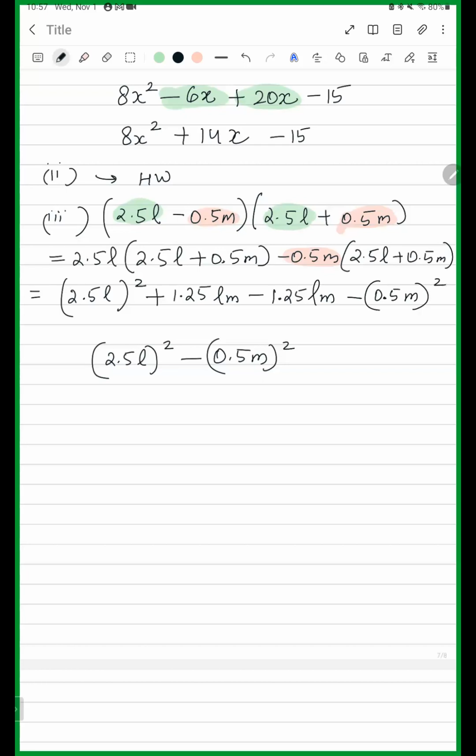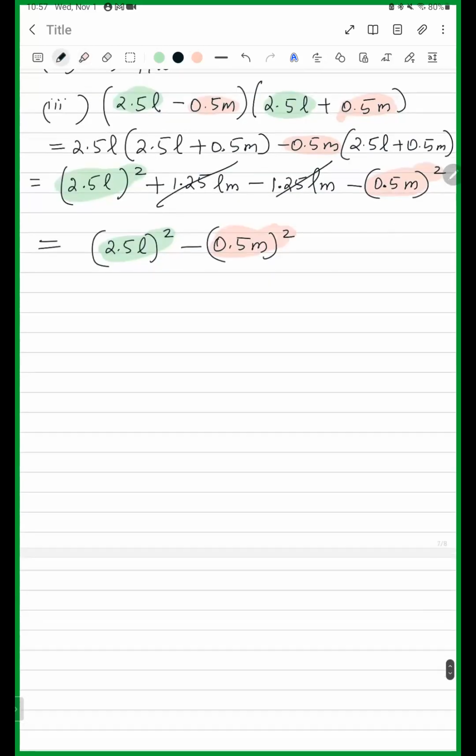Do you see how these two are getting cancelled here? And that is how we are getting 2.5L whole square minus 0.5M whole square. Got it? So now what is 2.5 whole square? What is 25 square?